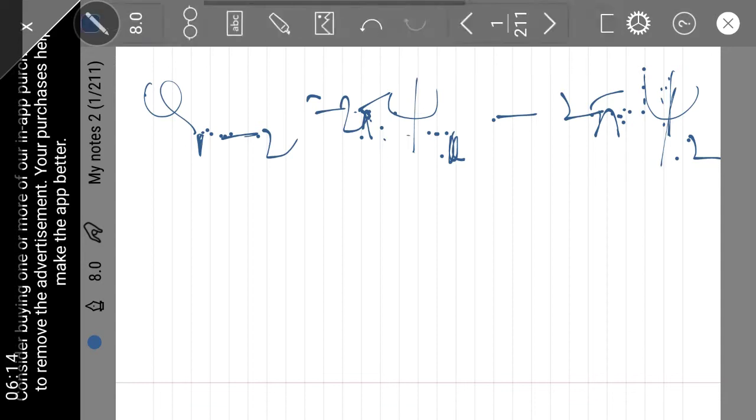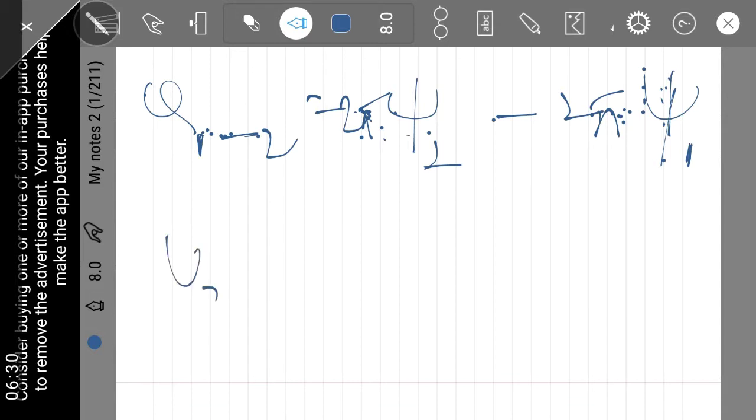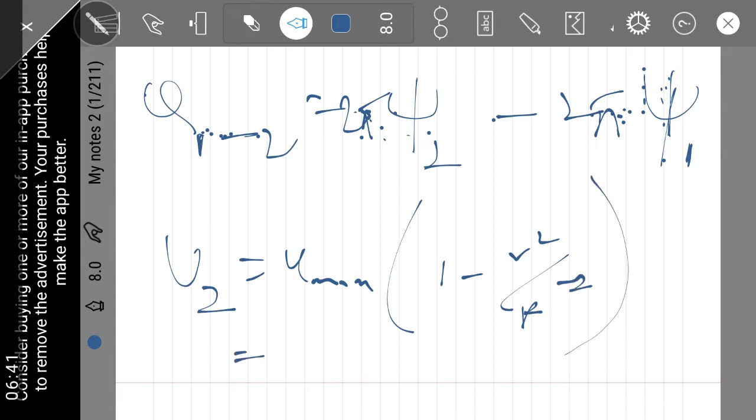Sorry, this should be psi 2, this should be psi 1. So obviously we need to calculate psi first. Because Vz is equal to Umax times 1 minus r squared over R squared, which is also equal to the standard formulation 1 over r, del psi del r.